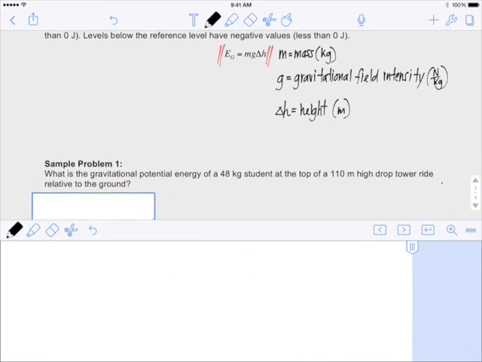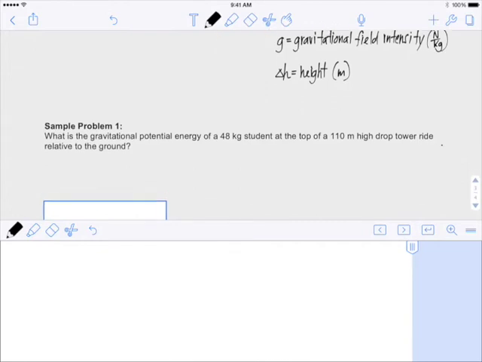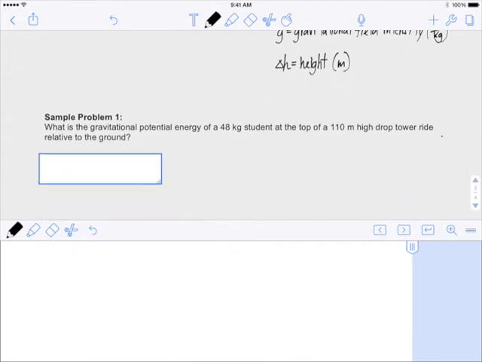Let's take a look at sample problem number 1. We have a 48 kilogram student at the top of a 110 meter high drop tower ride relative to the ground. We want to determine the gravitational potential energy of this student.